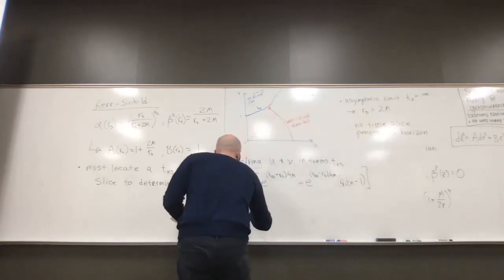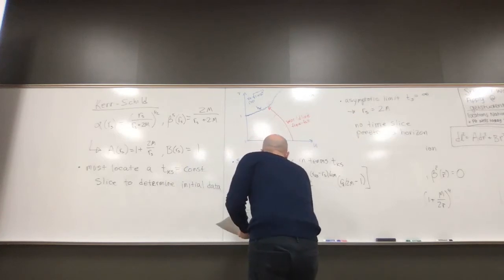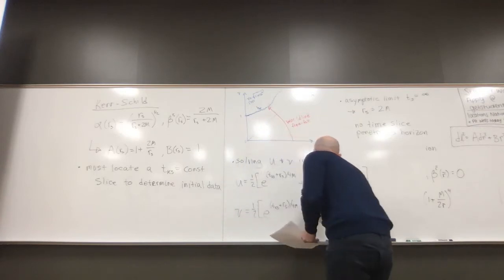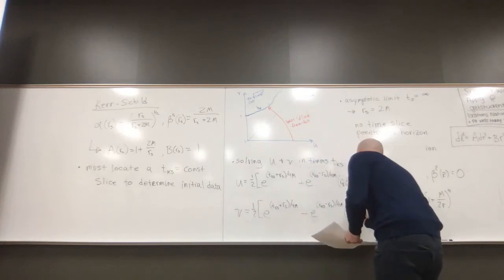And then V, very similar, is 1/2 exponential of TKS plus RS all over 4M minus E TKS minus RS all over 4M, all times RS over 2M minus 1.